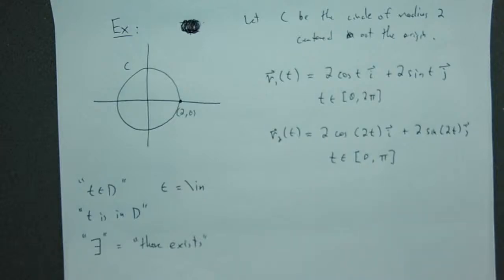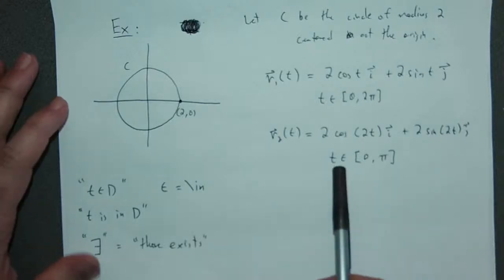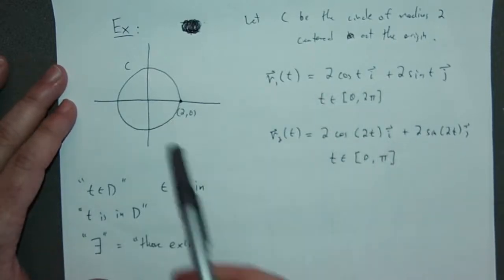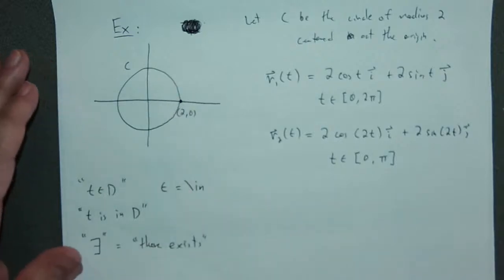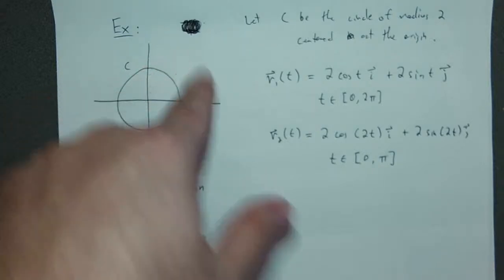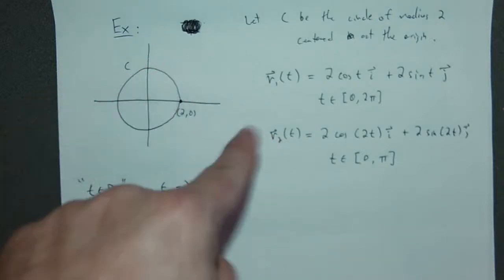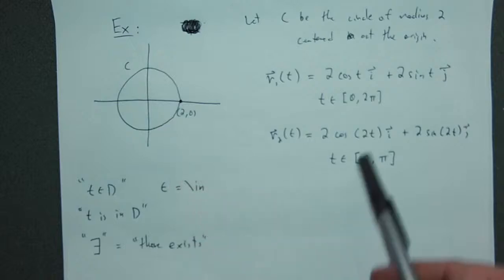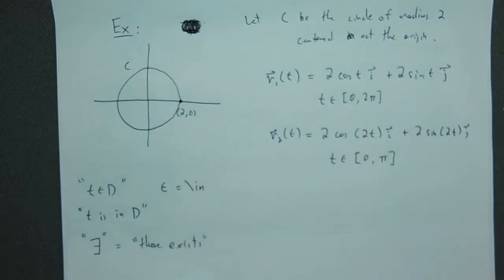So one of the things that confuses students the most when they see parametric descriptions of things is that t lives in a window. But where is t in this picture? Well, it's invisible, right? t is a parameter that lives somewhere else. It's not visible. So unlike when you're graphing something that has an x and a y component, where you can actually see here's the x value, here's the y value, any point has an x and a y value, this parameter t lives off screen.